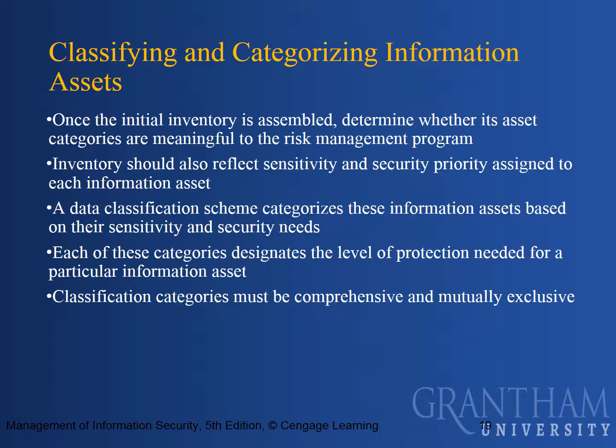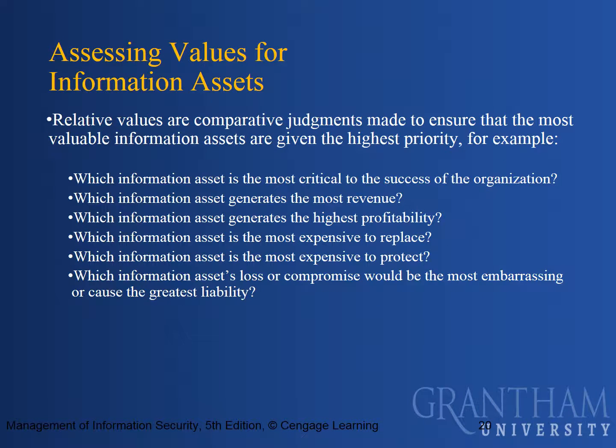When classifying and categorizing information assets, some asset types, such as personnel, may require an alternative classification scheme that would identify the clearance needed to use the asset type. As each information asset is identified, categorized, and classified, a relative value must be assigned.